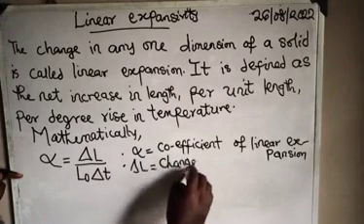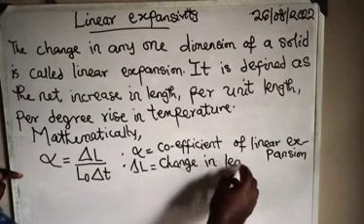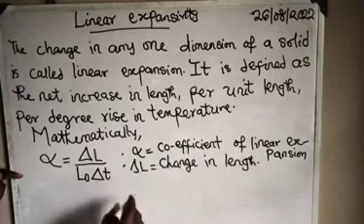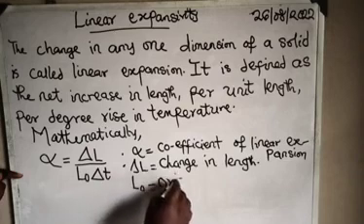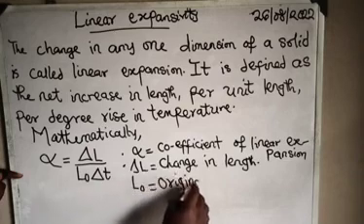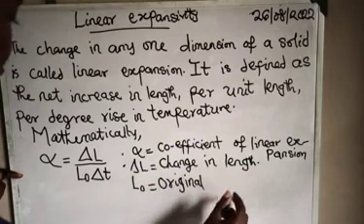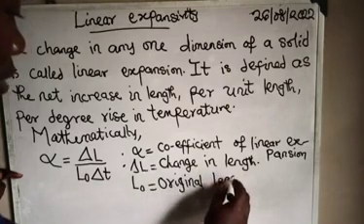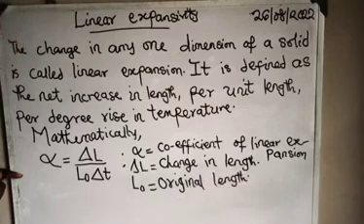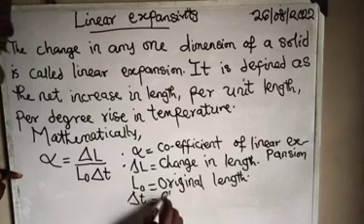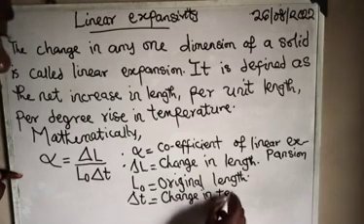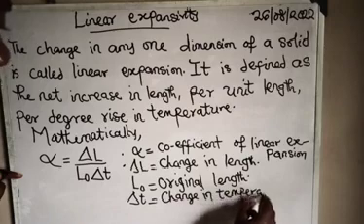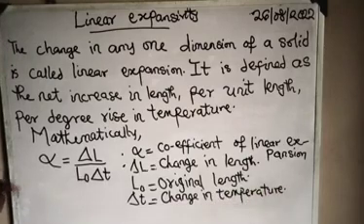That's the delta L. While the L0 is the original length of that solid before it was increased in length due to temperature change. It's the original length of the solid, and then delta T is equal to the change in temperature. Okay.